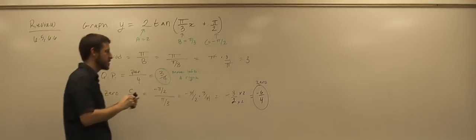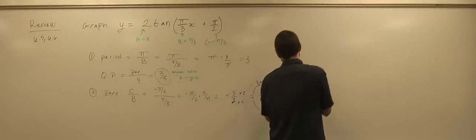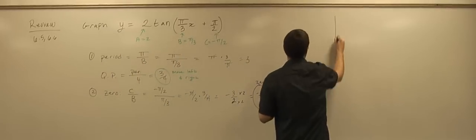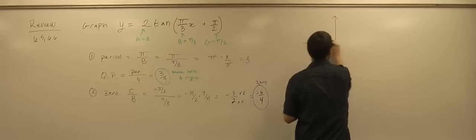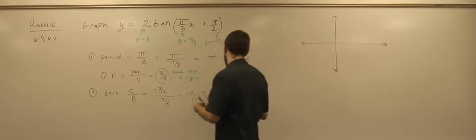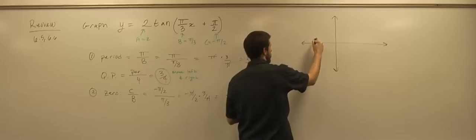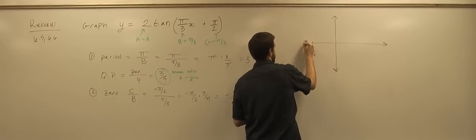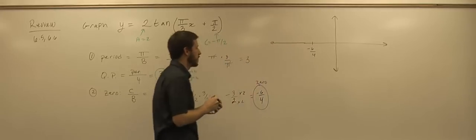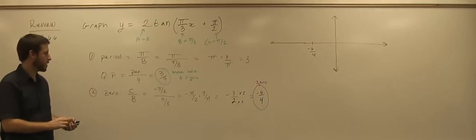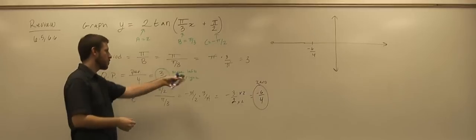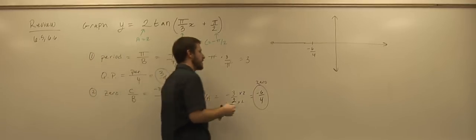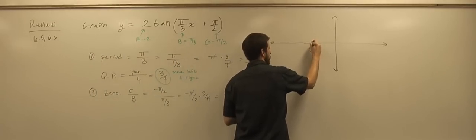With tangent, it's a little bit easier to start at this 0 and go left and right. So I'll put negative 6/4 over here. At negative 6/4 I have a 0. That means I actually hit the axis.